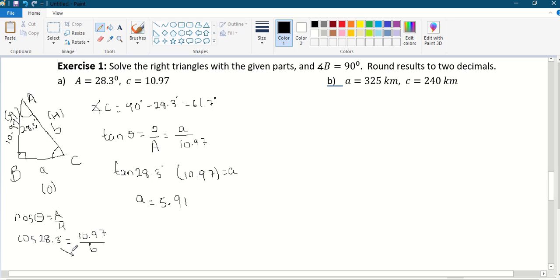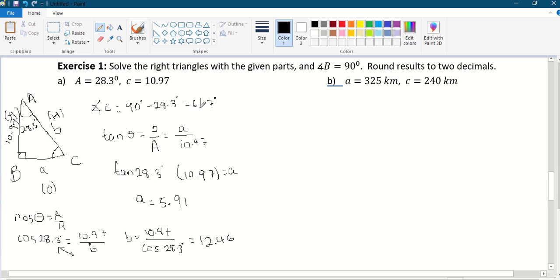Now cross multiplying, we can claim b equals 10.97 divided by cos of 28.3 degrees. Now punch this in our calculator, 10.97 divided by cos 28.3 degrees. The result we get here is 12.46. And again, because we don't have units for the side length, that's all we get.